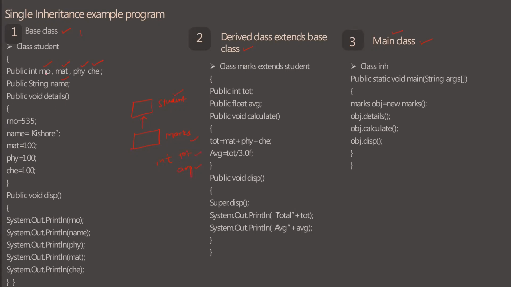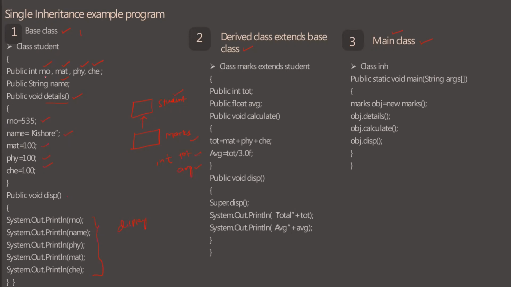So you can see here, I've created a method, public void details. In this, I'm going to assign a roll number and a name, and marks in 3 subjects. Then afterwards, I'm displaying all those things in the display method. This is all about the base class. In the base class, I've created a class named student.